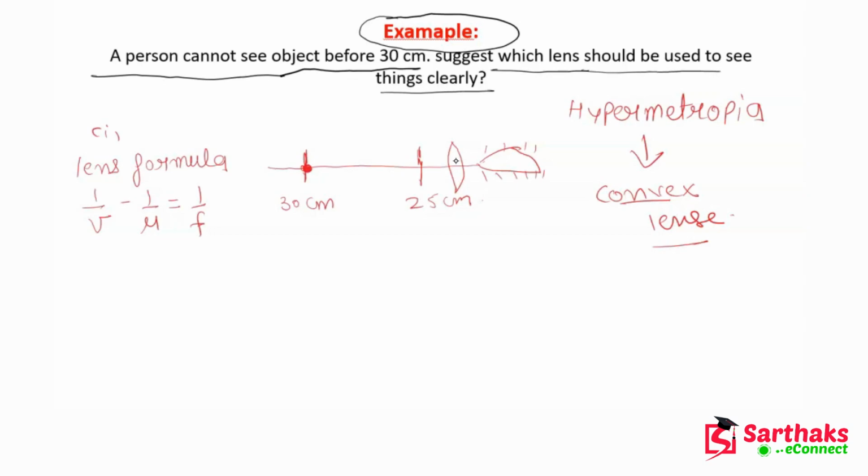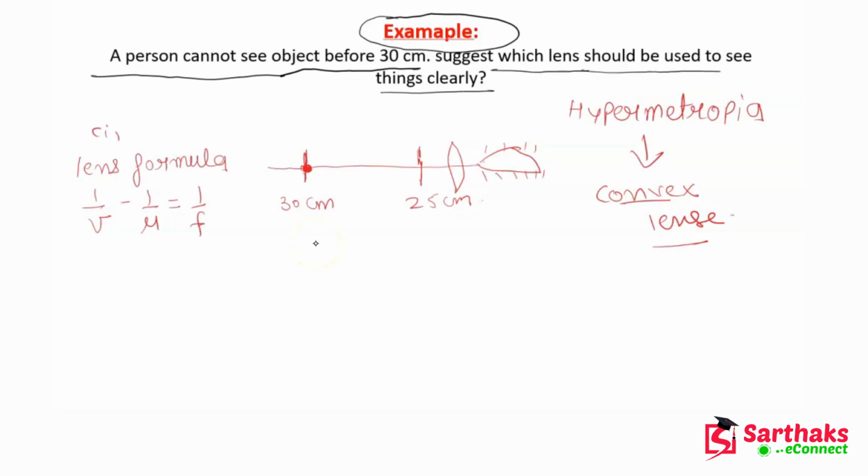Let me explain this again, because it is a little bit difficult concept. This person has hypermetropia, so he cannot see the objects at 25 centimeter. He can only see the objects which are at 30 centimeter. So how can we correct this vision?